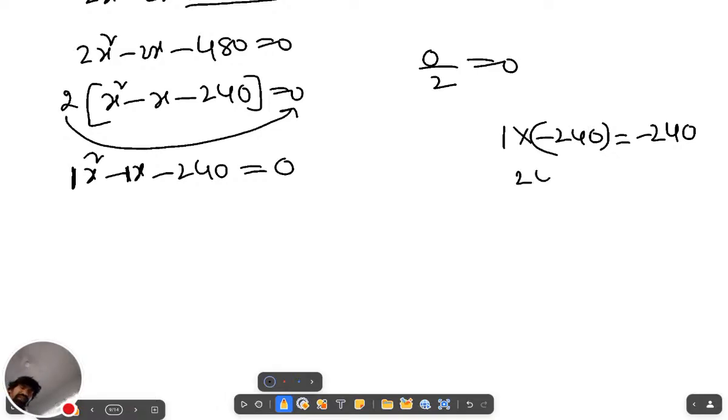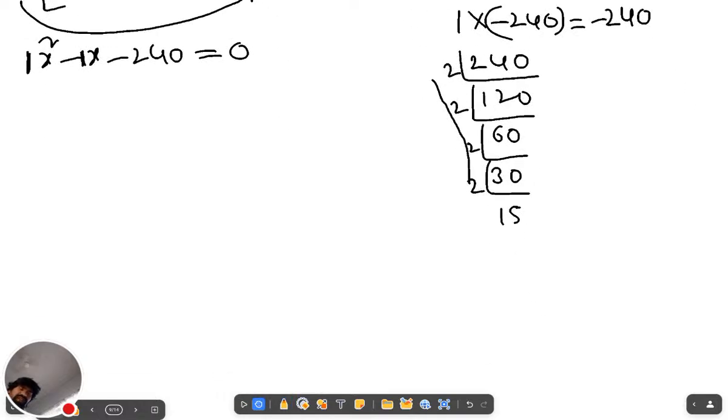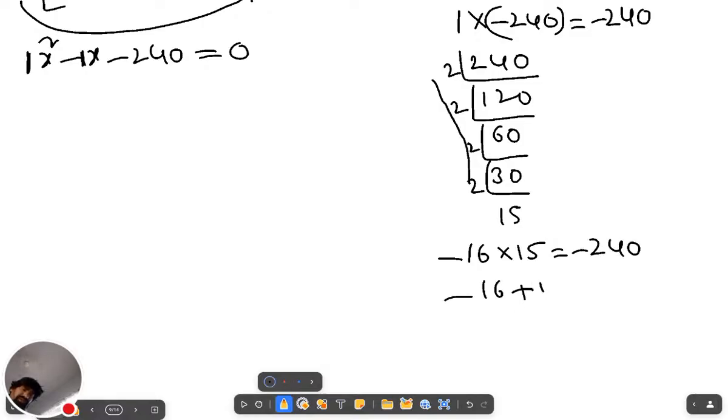So let's find the prime factorization of 240: 2 times 120, 2 times 60, 2 times 30, 2 times 15. 2 into 2 into 2 into 2 is 16, and 16 into 15 is 240. Minus 16 into 15 is minus 240, and minus 16 plus 15 is equal to minus 1.